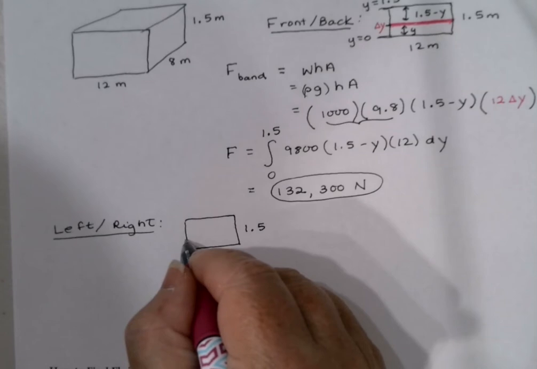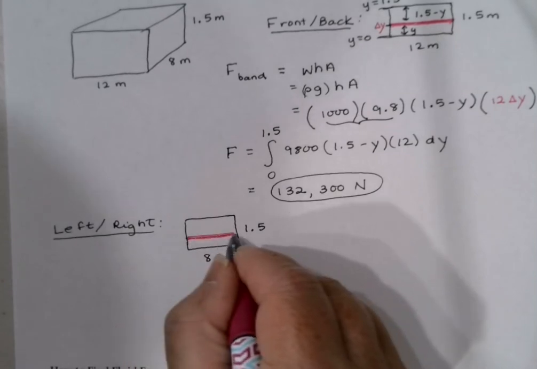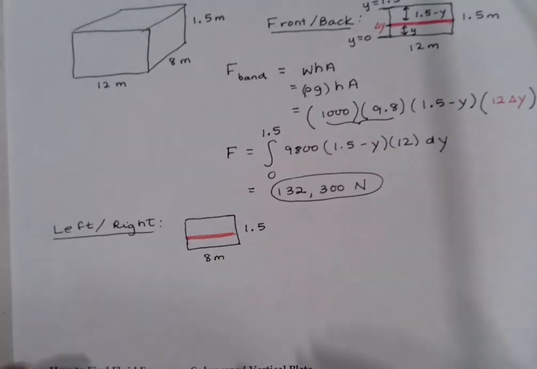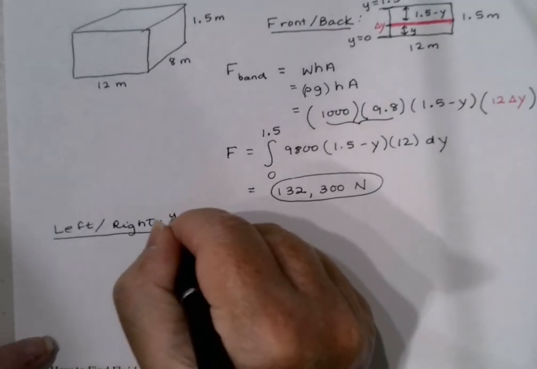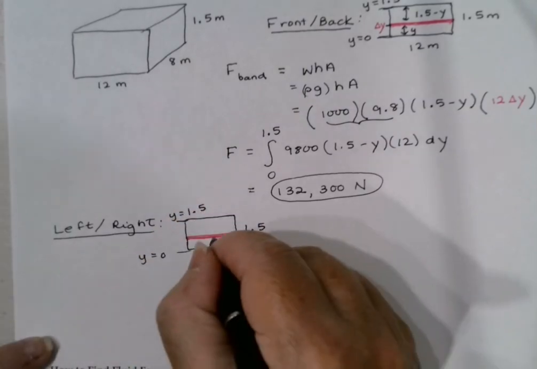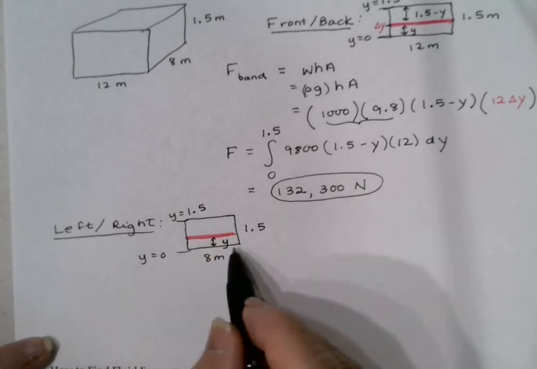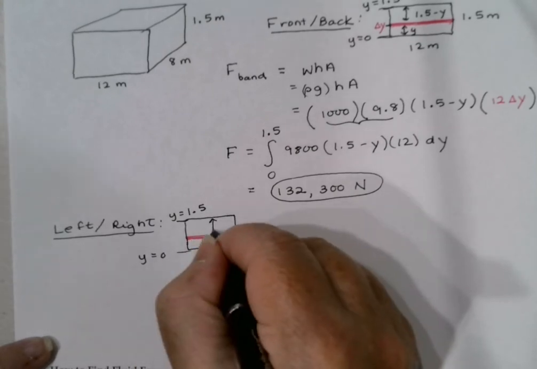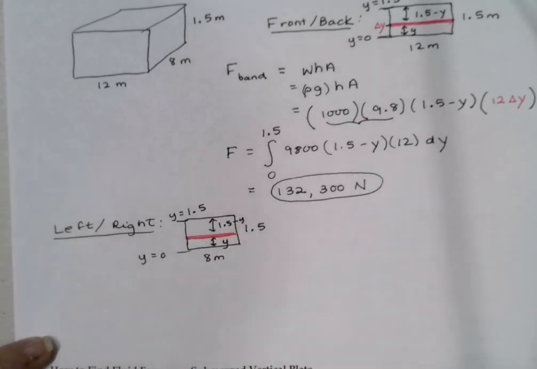And if I once again imagine just a little thin strip that's all at the same depth of water, here's y equals 0, here's y equals 1.5. Then once again, if this little strip is y units from the floor, the depth of the water above it would be 1.5 minus y.